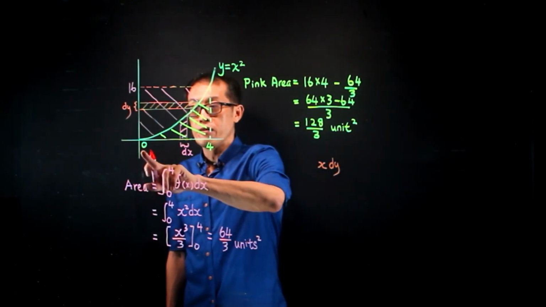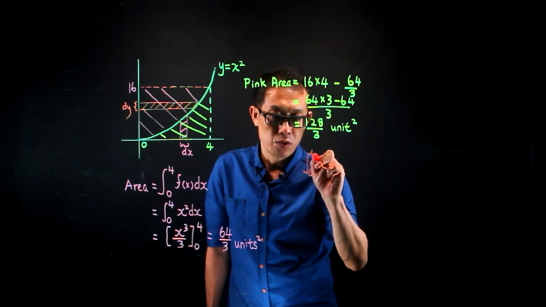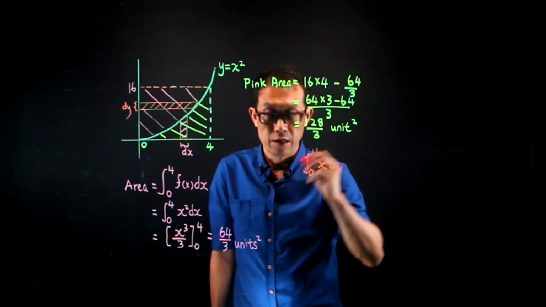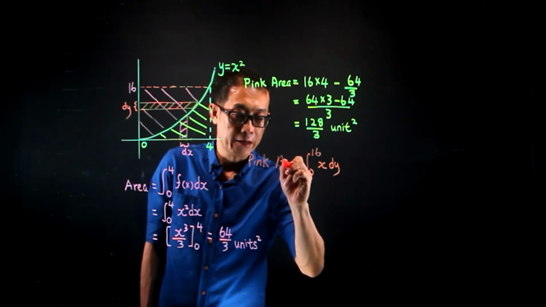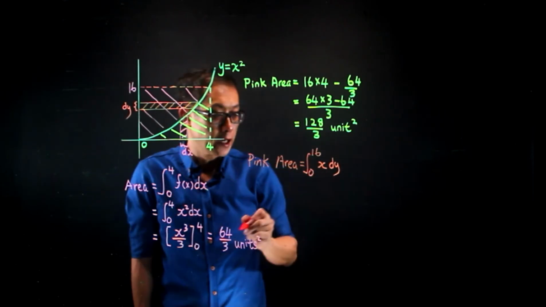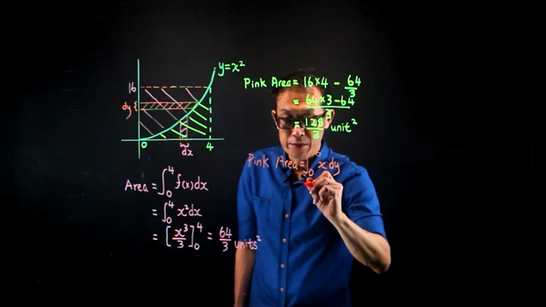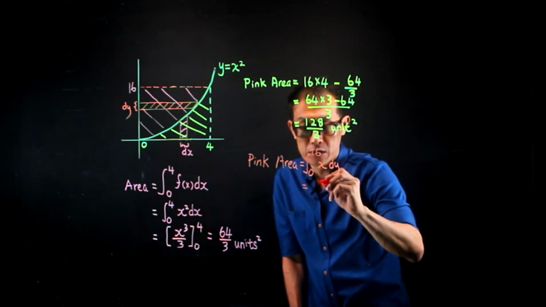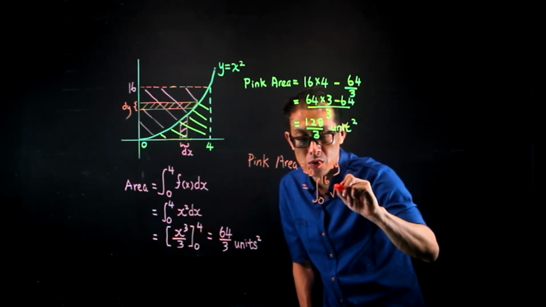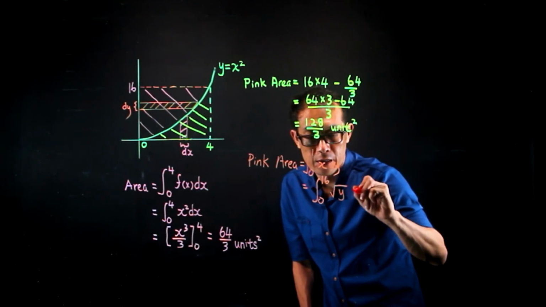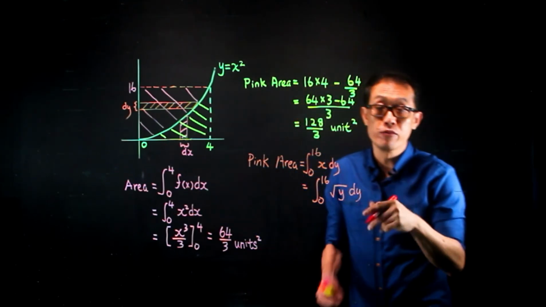So you are integrating from 0 to 16, and this is the pink area. Now what is x? x is root y. You have to express x in terms of y here, because you're integrating with respect to y.